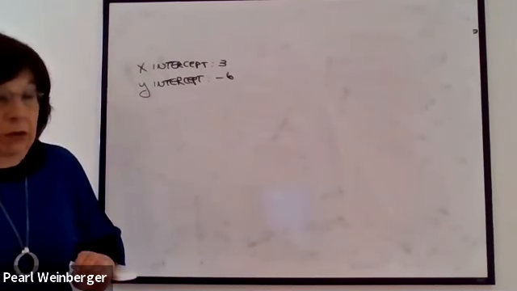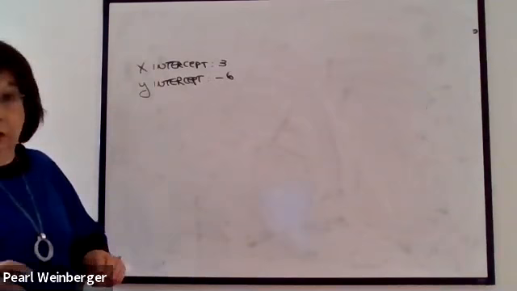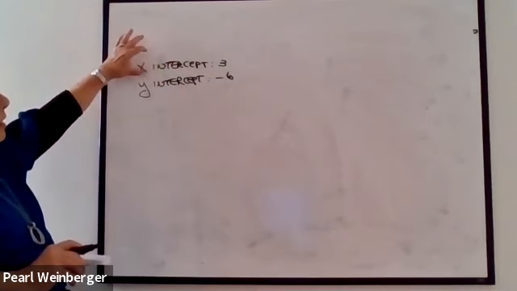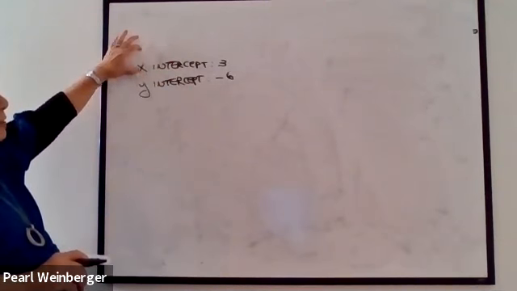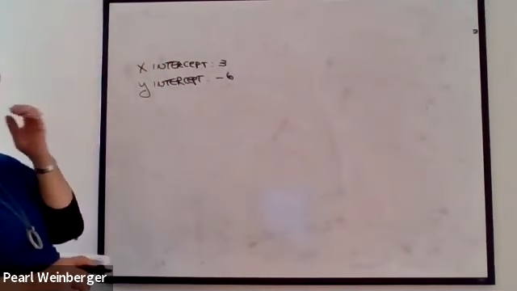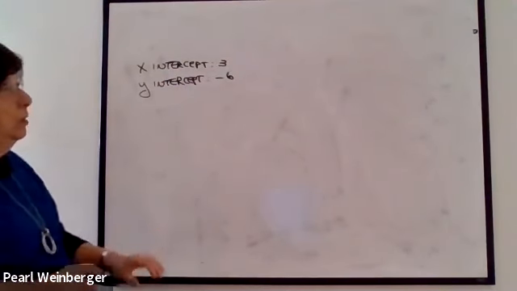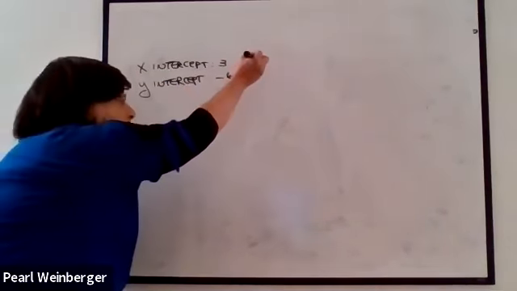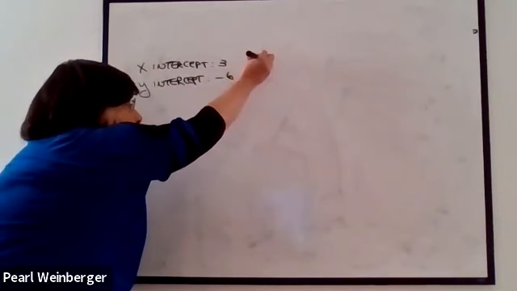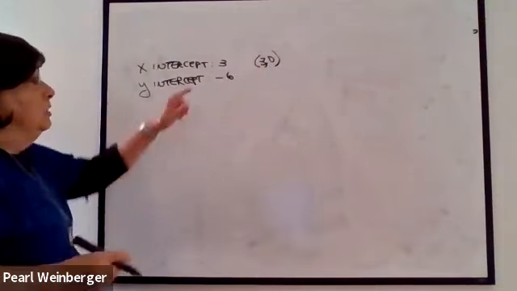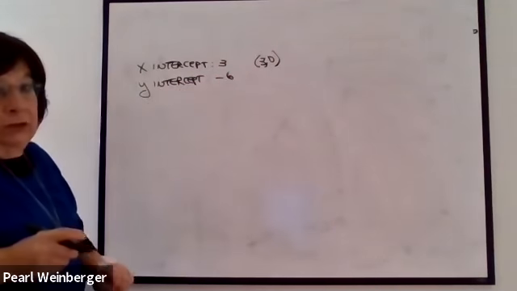Now, the only thing that you have to be really clear about is that when I tell you what an x-intercept is, and I tell you it's 3, that's really not totally accurate. The x-intercept is really the point (3, 0). Whenever you have an x-intercept, the y value is going to be 0.